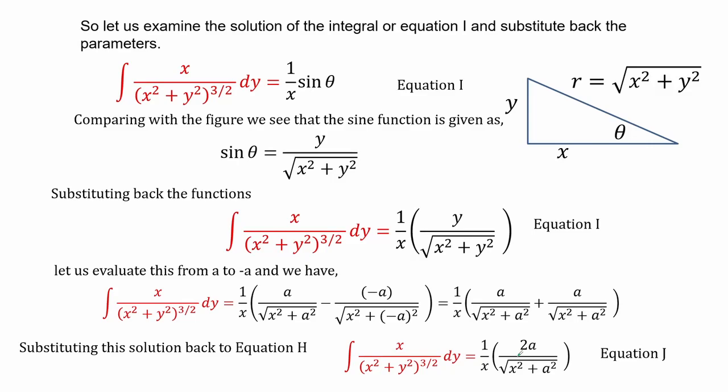So let us examine the solution of the integral, equation I, and substitute back the parameters. Comparing with the figure, we see that the sine function is given as a ratio of y over the length r.